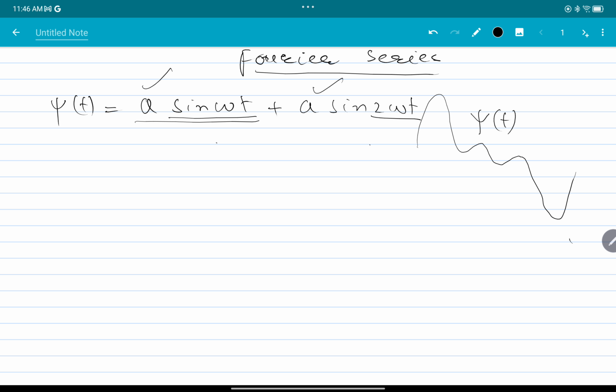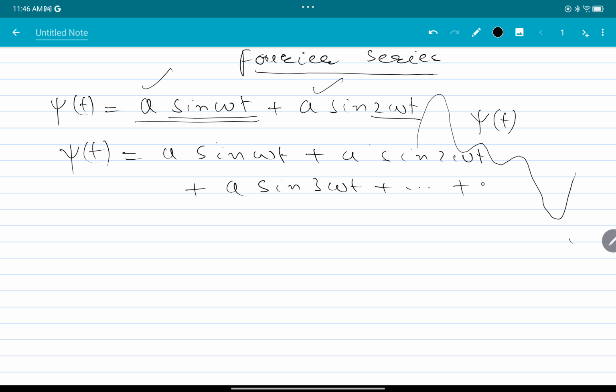So in general, we can say that a general periodic function can be represented by this expression: a sine omega t plus a sine 2 omega t plus a sine 3 omega t plus dash dash, or a sine n omega t.